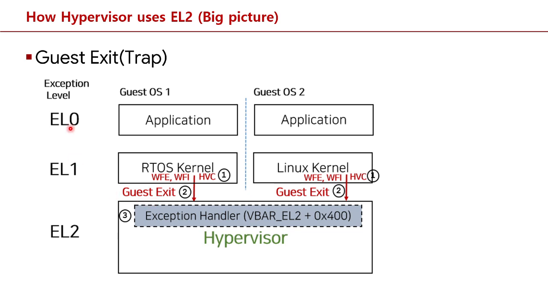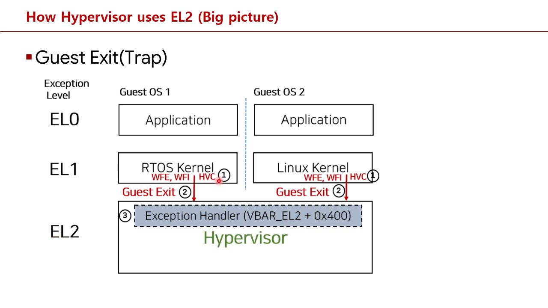As you know, exception level 0 talks to exception level 1 very often using the SVC assembly instruction. Using the SVC assembly instruction, a system call can be invoked. Just like the SVC assembly instruction, the HVC assembly instruction can be performed at exception level 1 to talk to exception level 2.